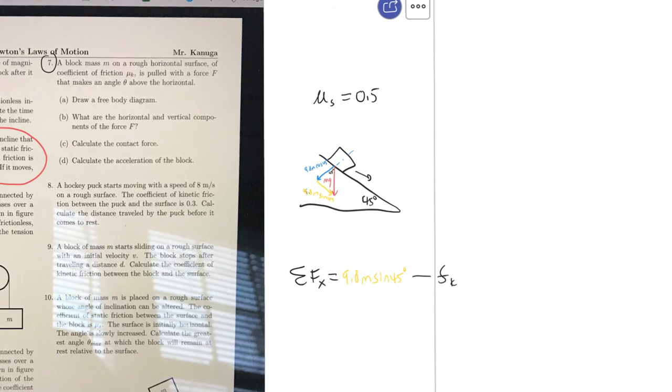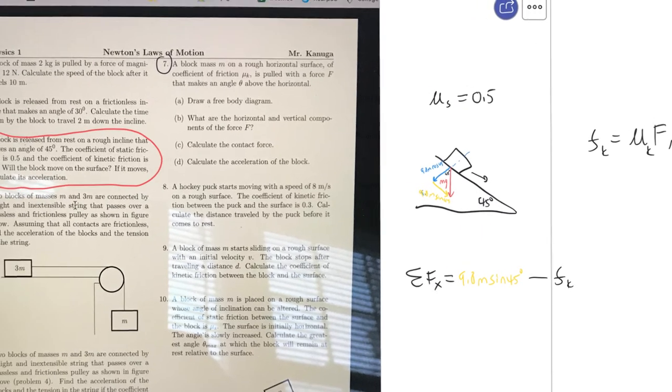Clearly, we have to find this kinetic friction. The kinetic friction is equal to mu times the normal force. We already know the normal force is this blue. And the mu this time, I should really call it mu k, is the mu associated with kinetic friction.